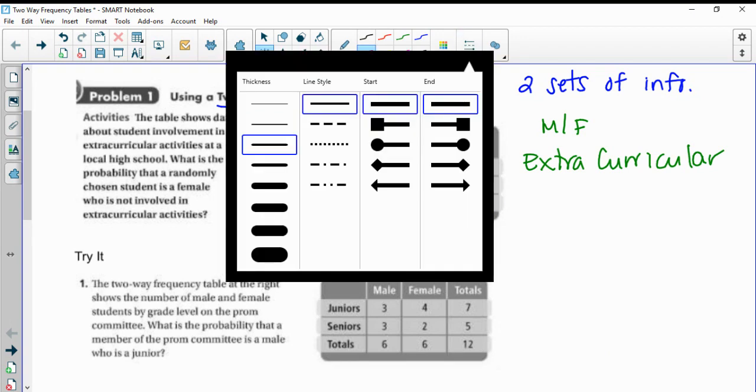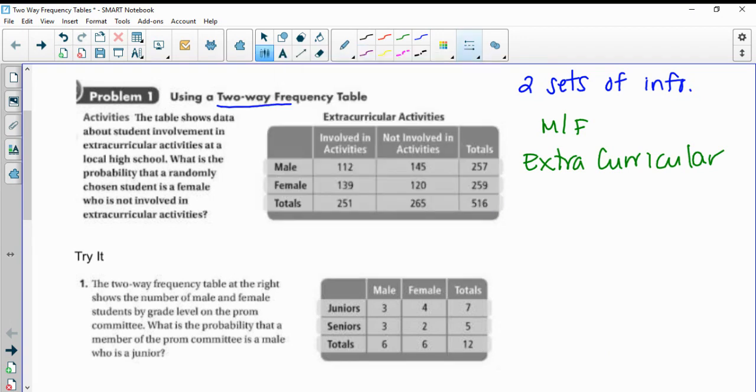And so if we read our little question, it says, what is the probability that a randomly chosen student is a female who is not involved in extracurricular activities? So this is going to be out of everyone. So our answer is going to be out of 516 because that's the total.